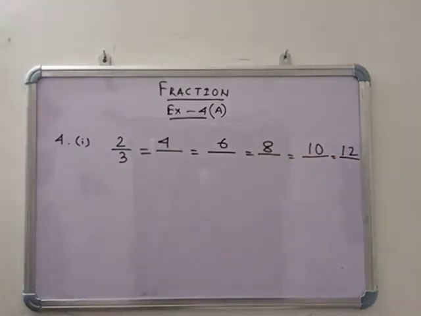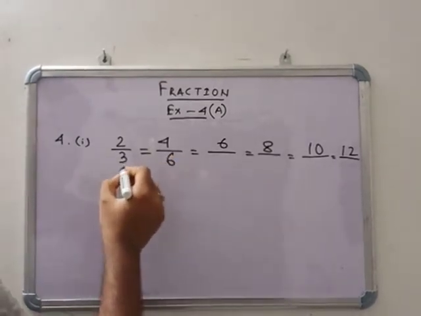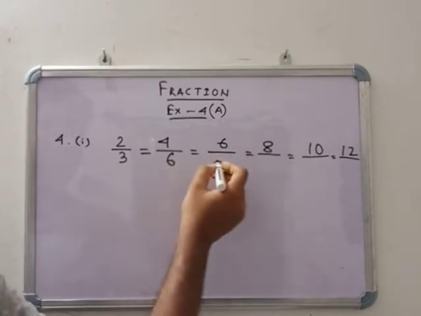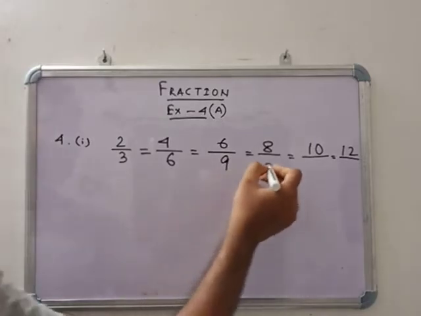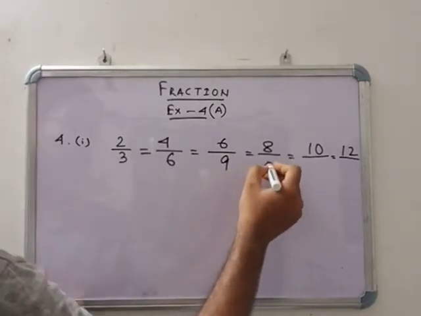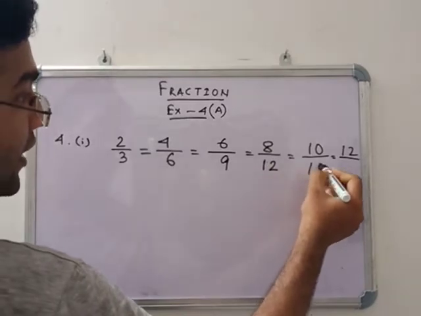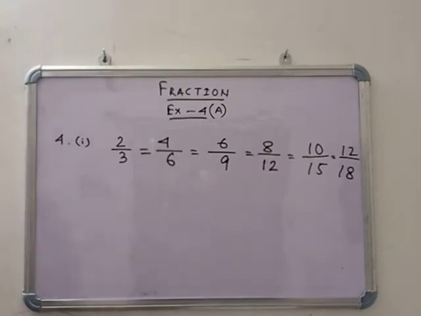Then multiples of 3: 3 into 2 is 6, 3 into 3 is 9, 12, 15, 18. Okay. So these are equivalent fractions.